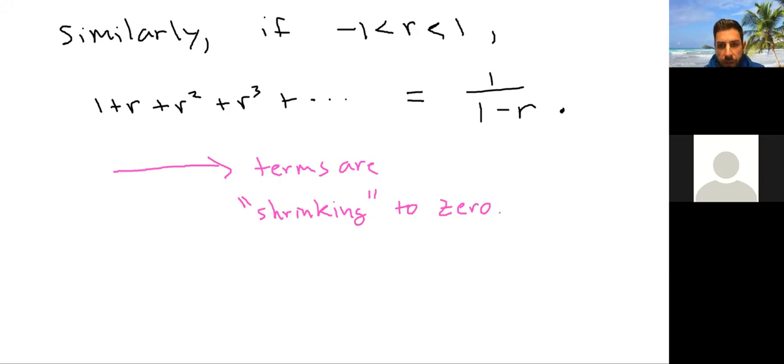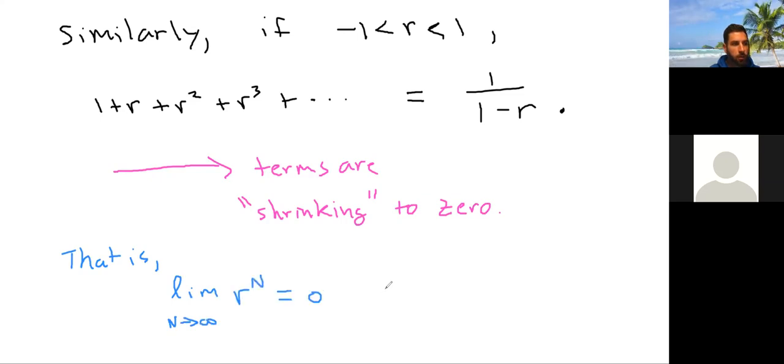So more specifically, the limit as n goes to infinity of r to the n equals 0 when r is between -1 and 1. If you don't remember this, we did this in Calc 1.